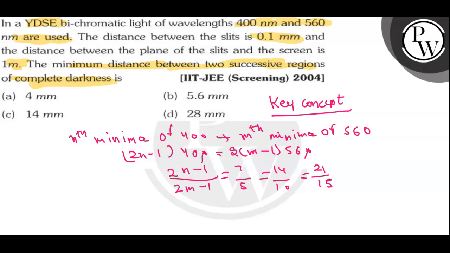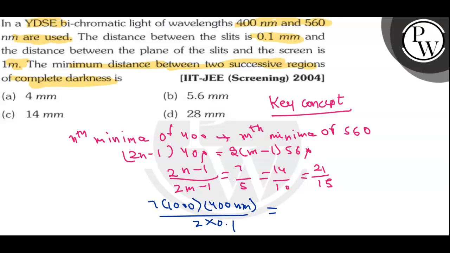The equation would be 7 into 1000, where 1000 comes from 1 meter over 0.1 millimeter, times the wavelength 400 nanometer, divided by 2 times 0.1.